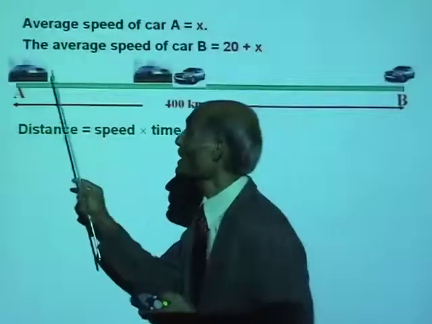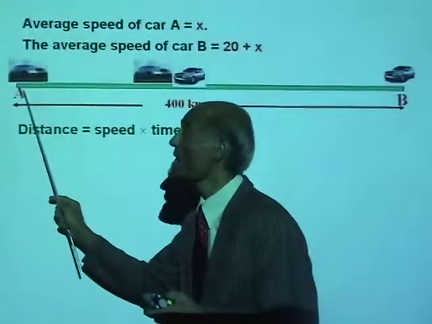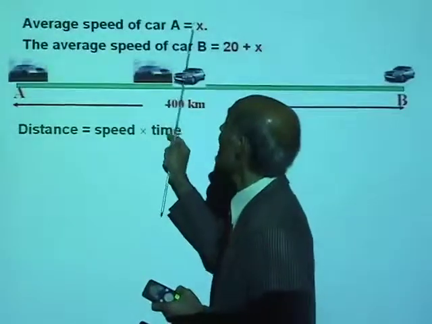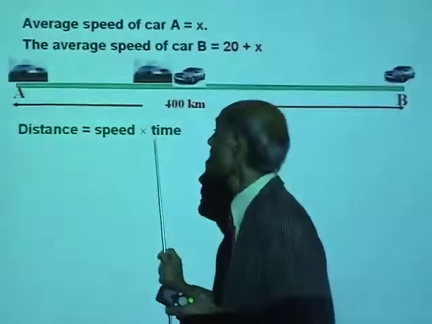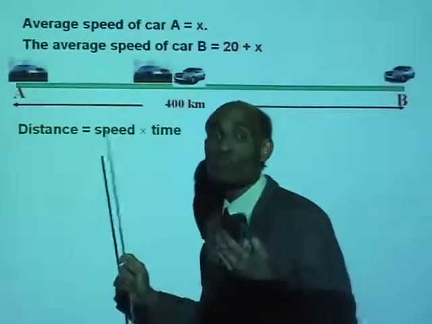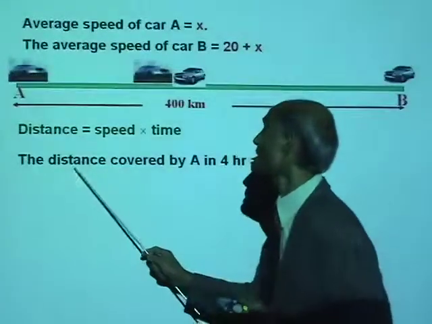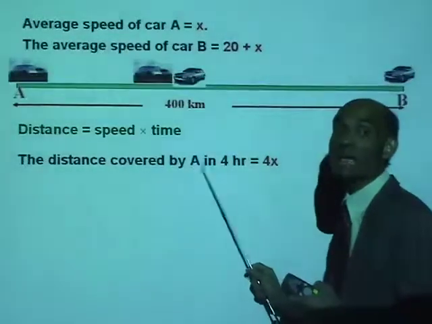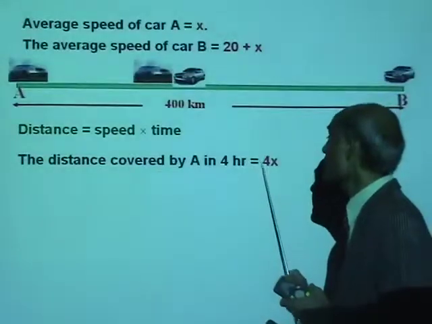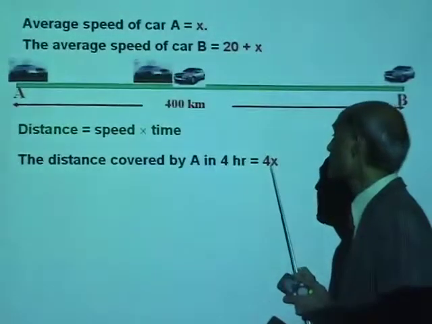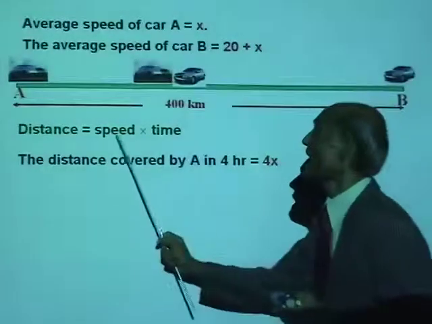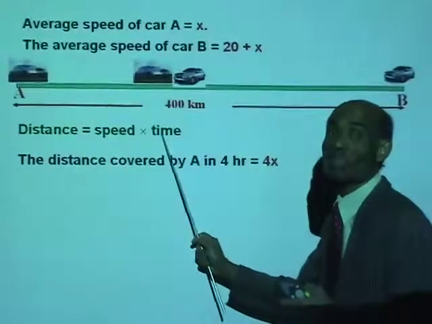Alright, therefore what is the distance covered by A? Its speed is x and the time it has been traveling is 4 hours. Therefore the distance covered by A in 4 hours is the average speed multiplied by the time.